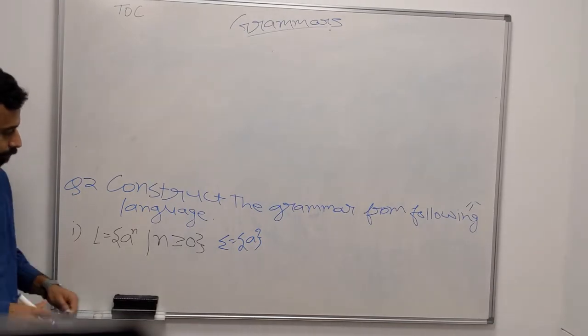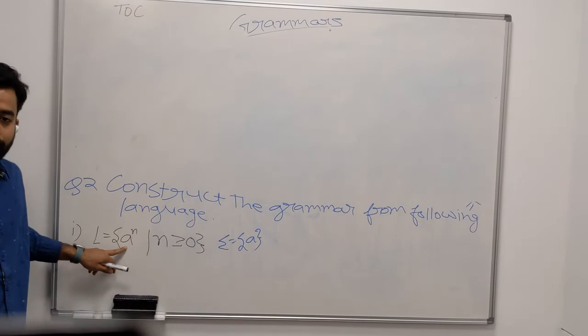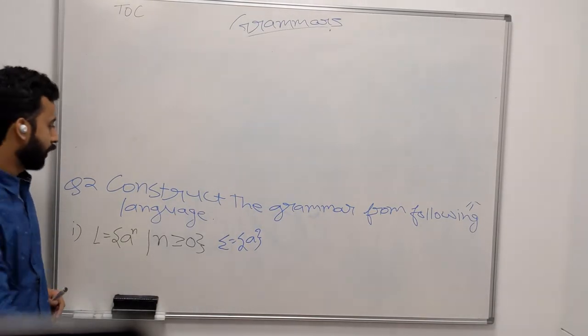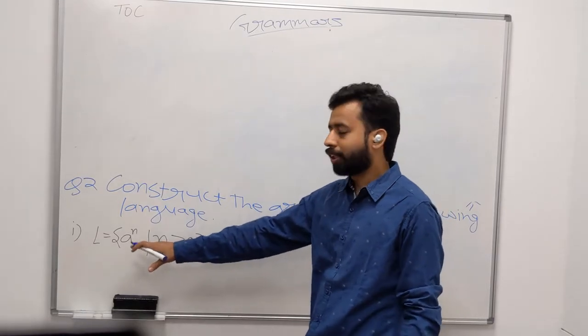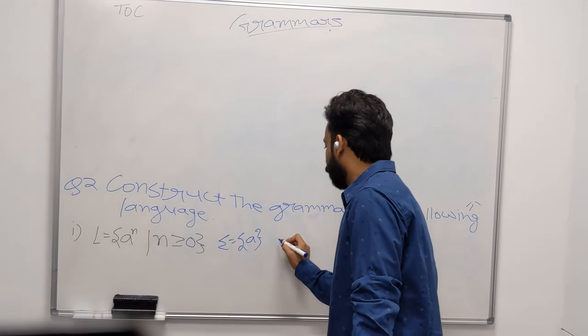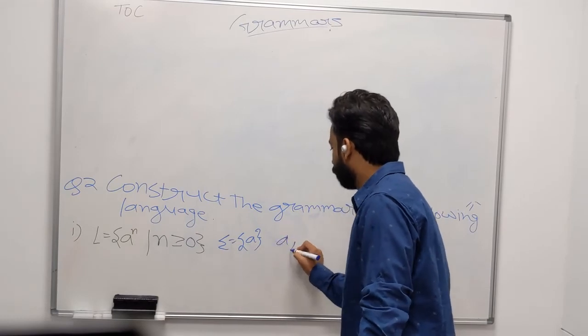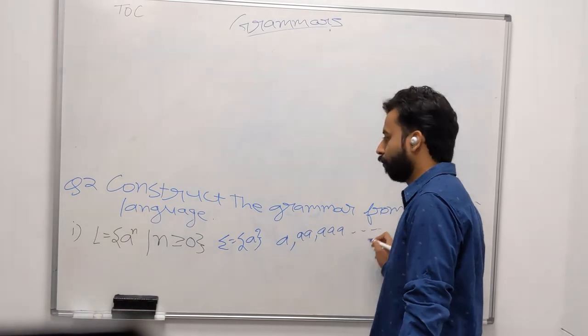Over the symbol A, you have to derive this kind of language. Just for my understanding, what type of strings can you derive from here? You can derive A or double A or triple A or any combination of A.